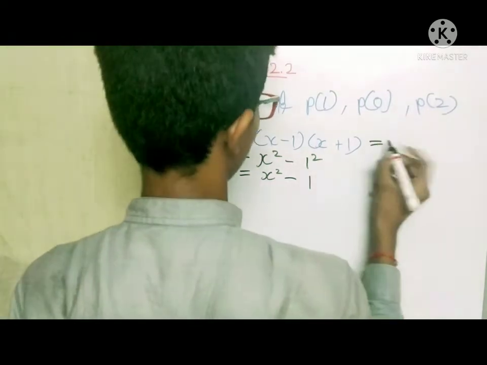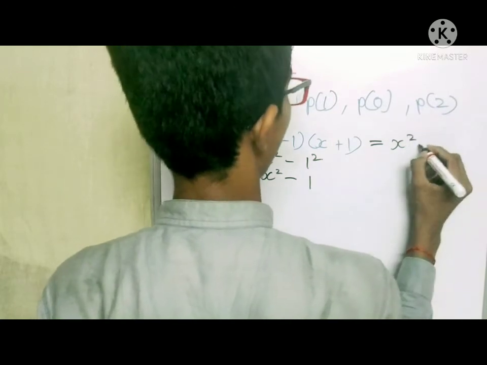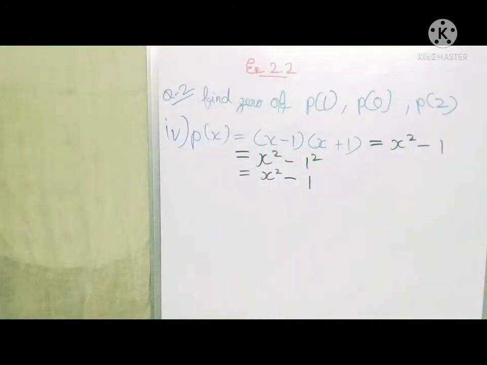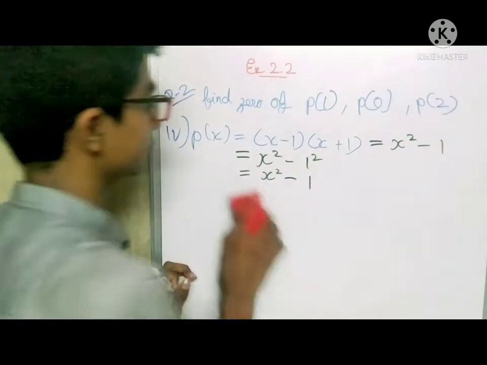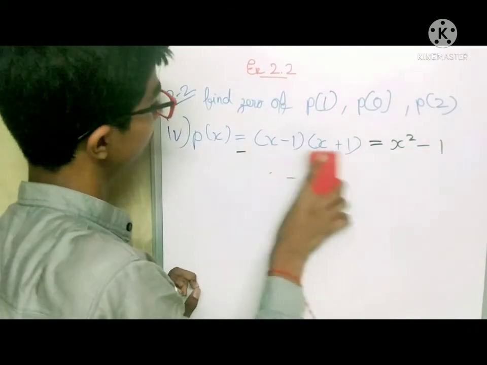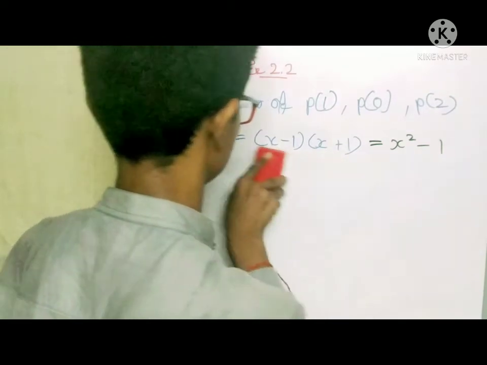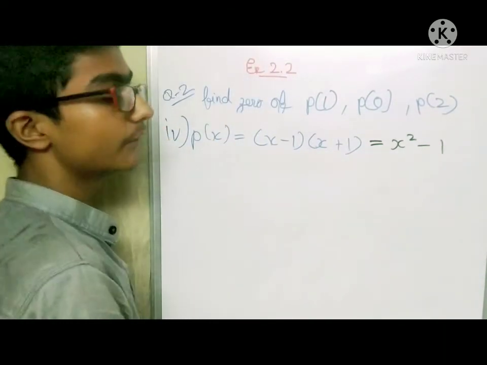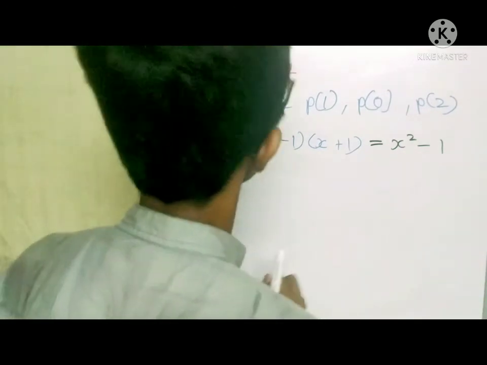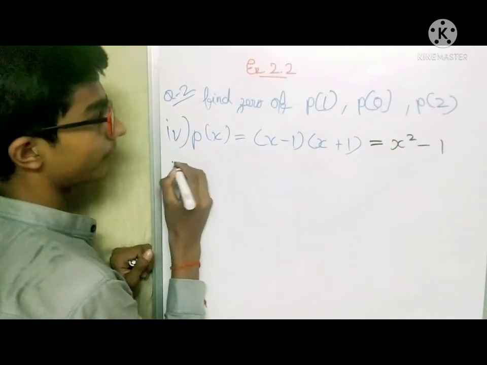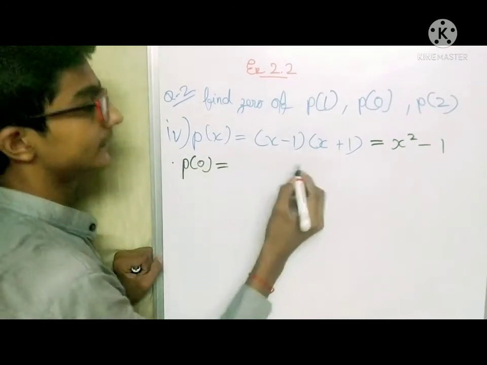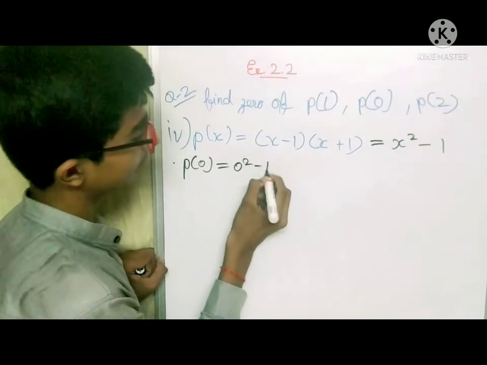Here I'll write x square minus 1. So now I'm going to remove this, and we are going to take our final equation as x square minus 1. So now let's find p of 0 for it. That will be 0 square minus 1.